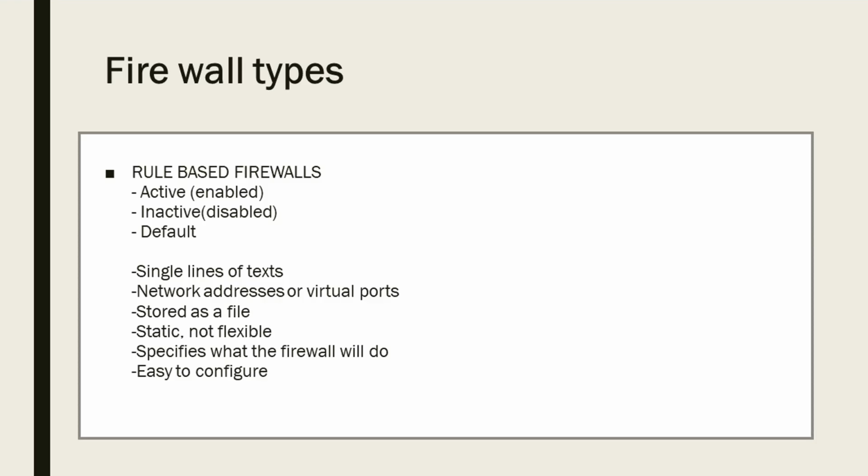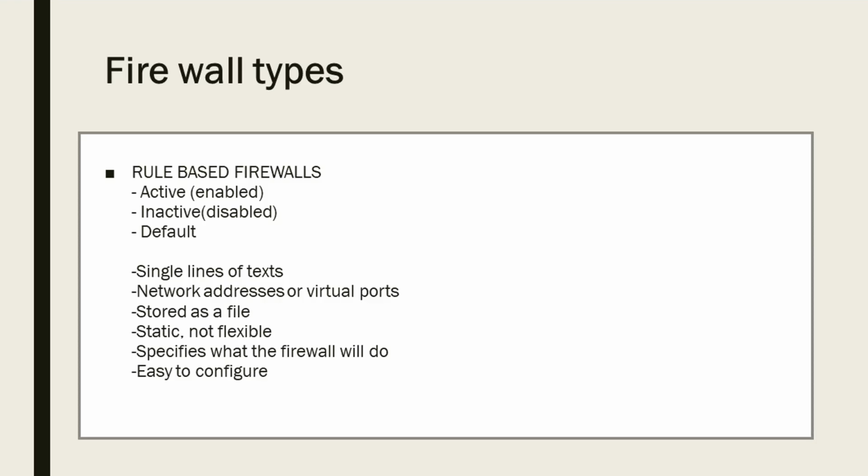So when you have a rule base, that means you have set certain rules for how this firewall must behave when certain packets or certain traffic are encountered. It makes the system straightforward and easy to configure, but less flexible and less adaptive. If certain things change that the rules do not specify, the firewall will not be able to handle it.